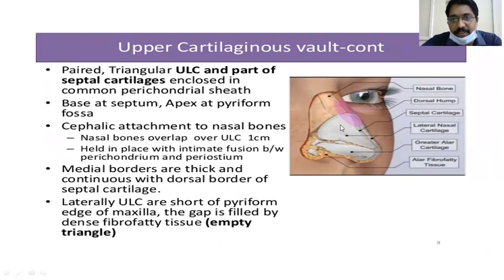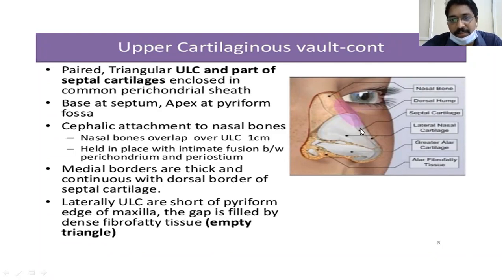See this base. Where is the base? Base at the septum, and apex at the pyriform fossa. The pyriform aperture will be there. These medial borders of the upper lateral cartilages are thick and continuous with the dorsal border of the septal cartilage.